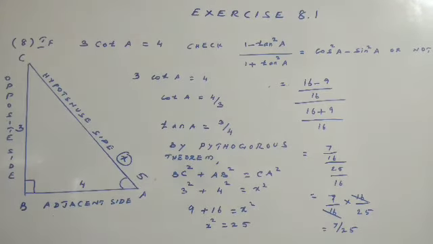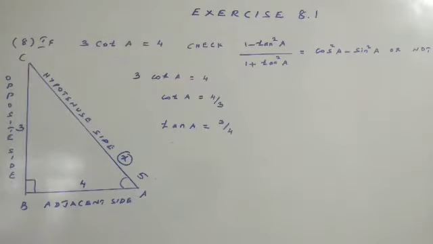So 7 by 25 is the value of 1 minus tan square A by 1 plus tan square A. Now we have to check whether this is equal to cos square A minus sin square A.